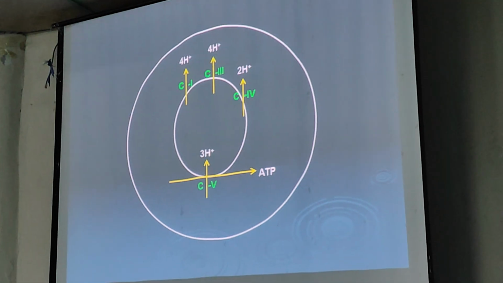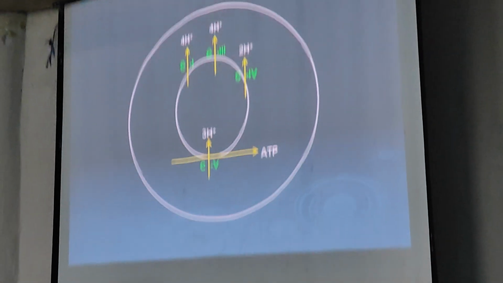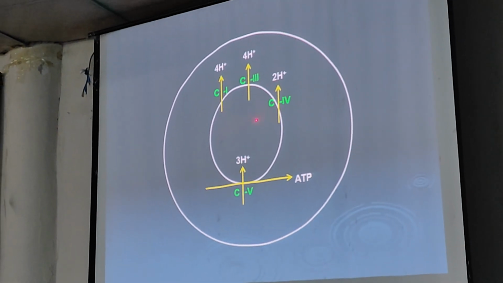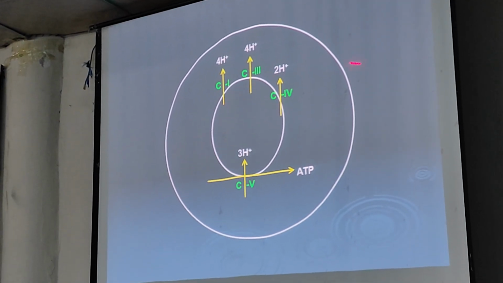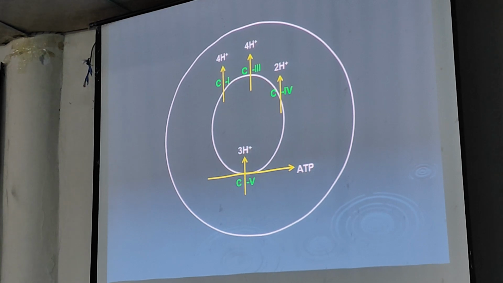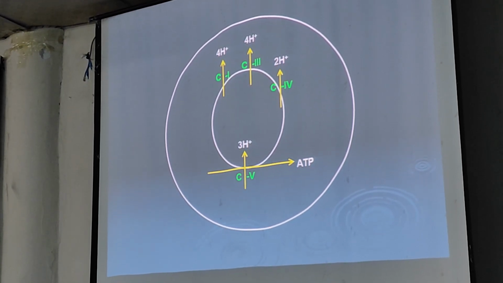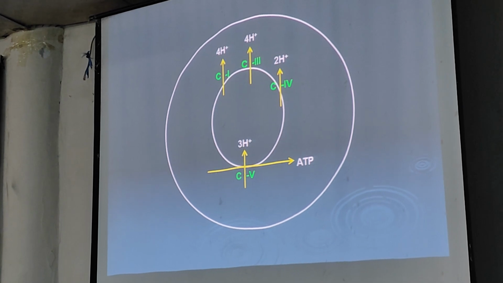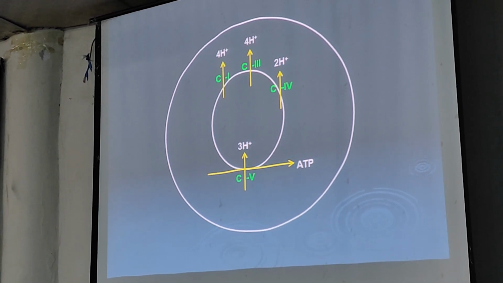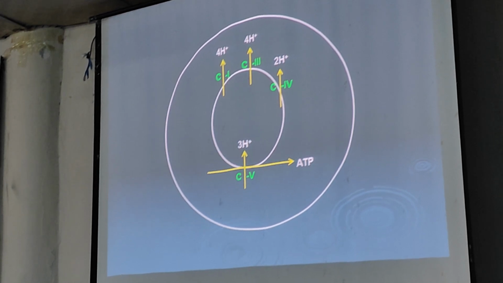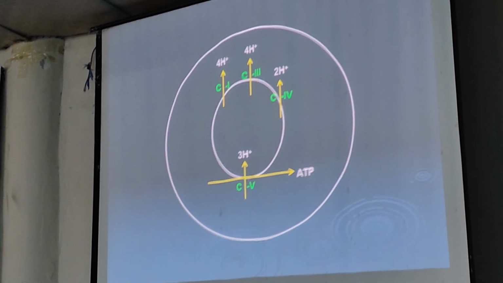How? You just see. This is the thing. In complex 1, NADH and its coenzyme is the complex 1. Complex 2 is the FAD. It is not going to generate any energy.